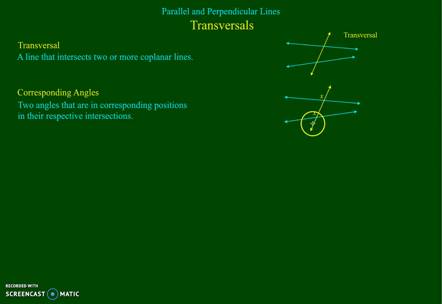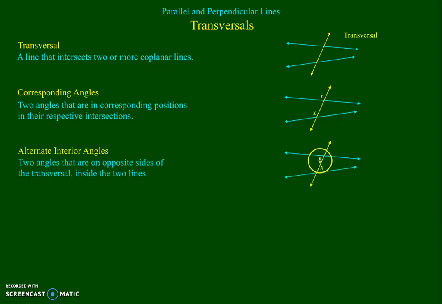So with one line transversing any two other coplanar lines, we've actually created four separate corresponding angle pairs. So this angle is corresponding to this, this to this, this to this, and this one to this one. So corresponding angles.